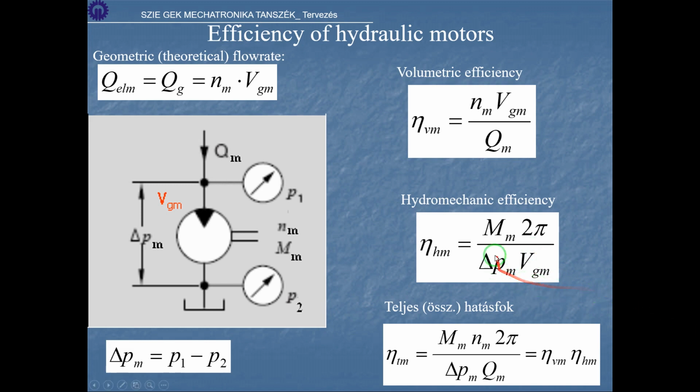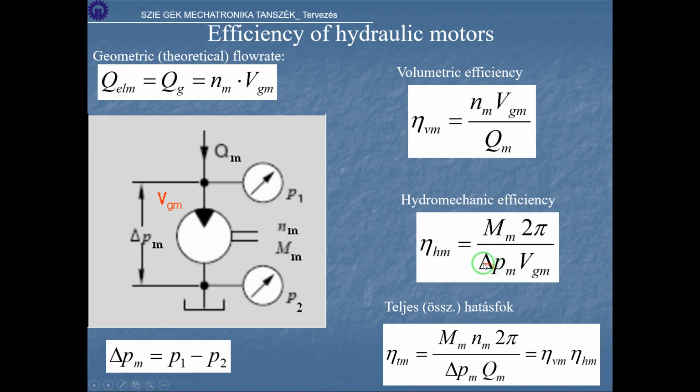Okay, let's see. For the hydromechanical efficiency, I know that I have to provide energy or power to the motor via hydraulics, which will be bigger than the mechanical output. So the ingoing energy has to be more than the outgoing energy.